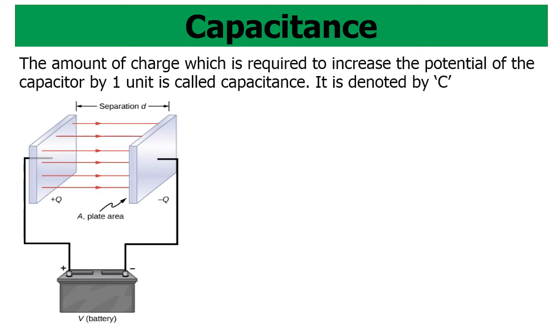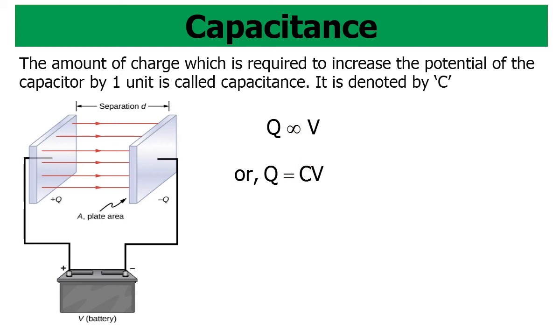And if you want to increase the potential of the capacitor by 1 unit, then we have to increase the charge also. That means the charge is proportional to the potential. So we can write here Q is proportional to V, and if you remove the proportional sign, then we have to write an equal sign, and we have to take a constant.